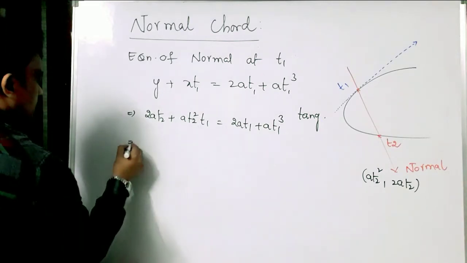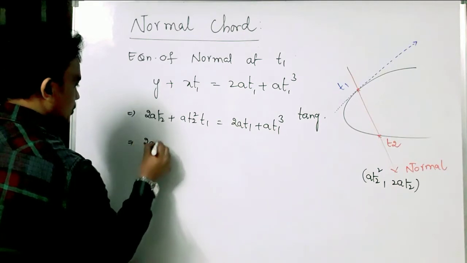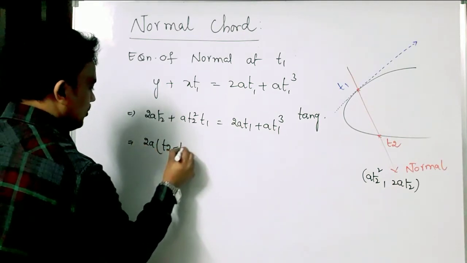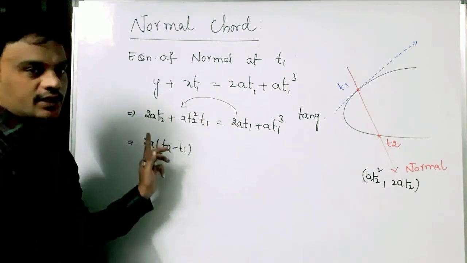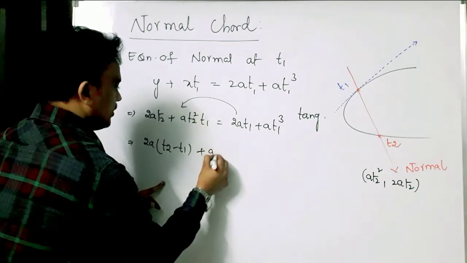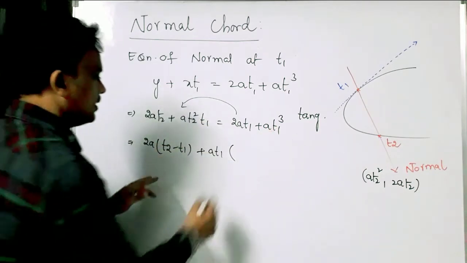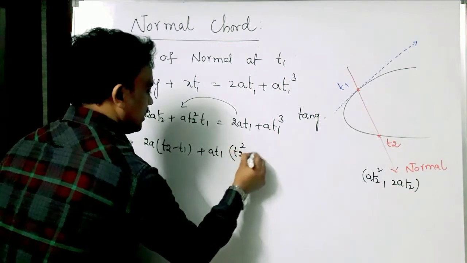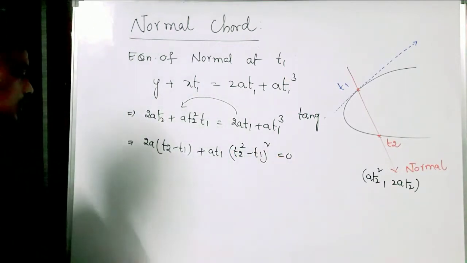So, all the terms are transferred to the right side. This is 2a of (T2 minus T1). And from these two terms, can I take a T1 common? a T1 times (T2 square minus T1 square) equals 0.